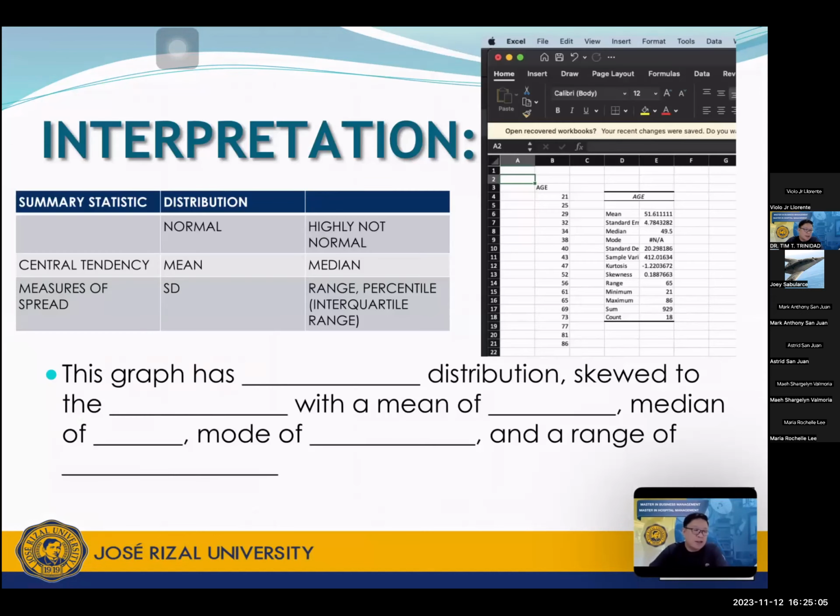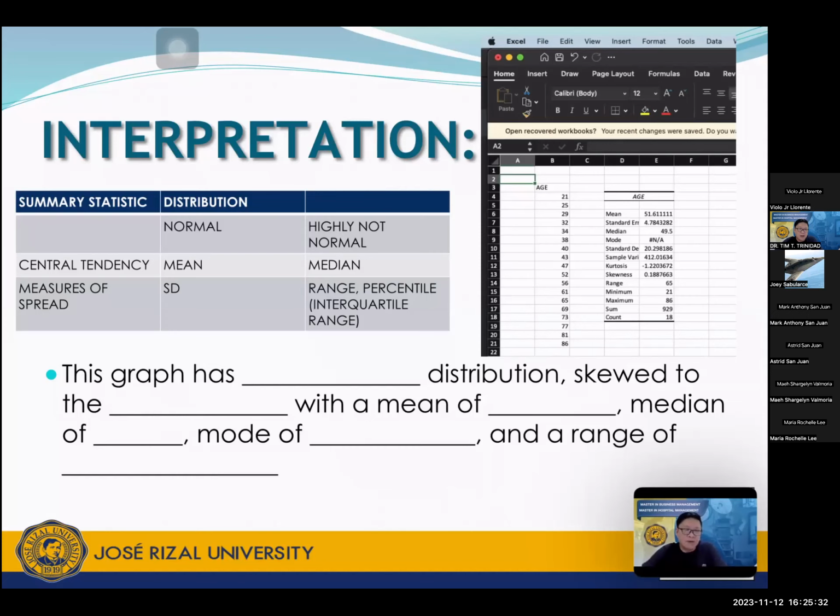And when you write it down, this is how you're going to interpret. My data is normally distributed, is skewed to the right, skewed to the left, with a mean of, a median of, mode of, a range of, and everything that you can describe to summarize your data will be appreciated. And it will paint a very vivid picture about the information of your data.